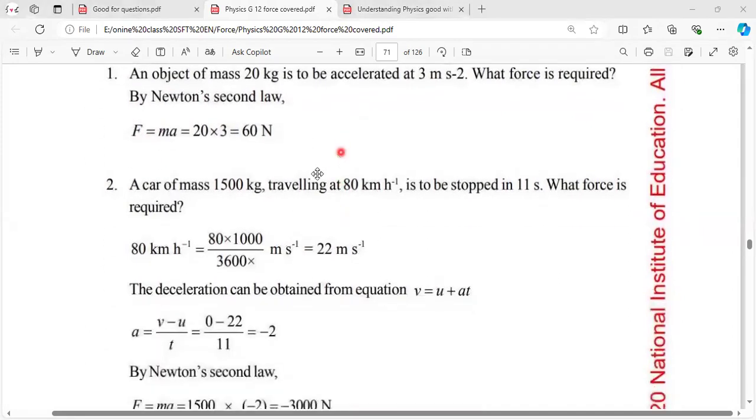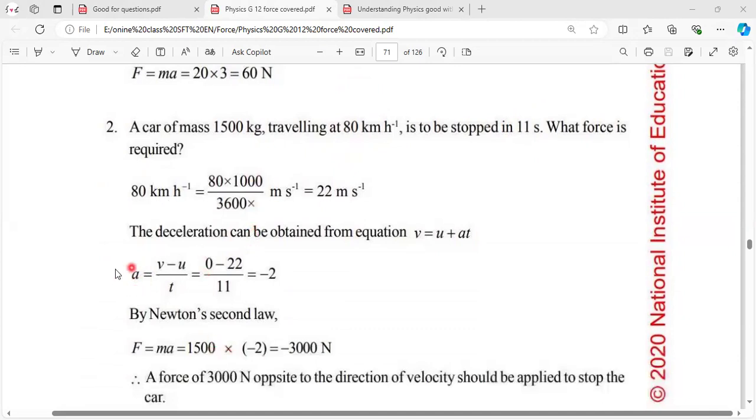You can see it is very simple, just one force, right? Second one, a mass is given, a velocity is given, with the time. So if there's a velocity with the time, we can find out the acceleration, right? Then they're asking what is the force. So F is equal to ma, and you have to find out the acceleration. In this case it is actually a deceleration, because the vehicle is moving at 80 kilometers per hour but it is stopped, which means the final velocity is going to be 0.